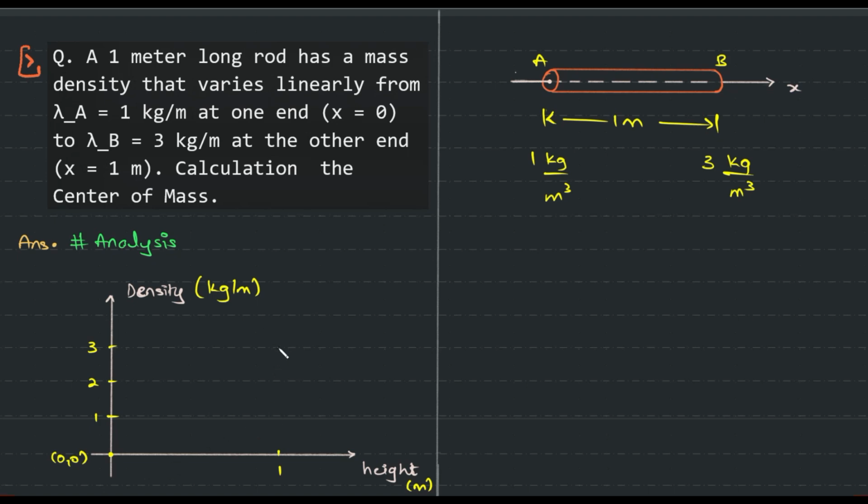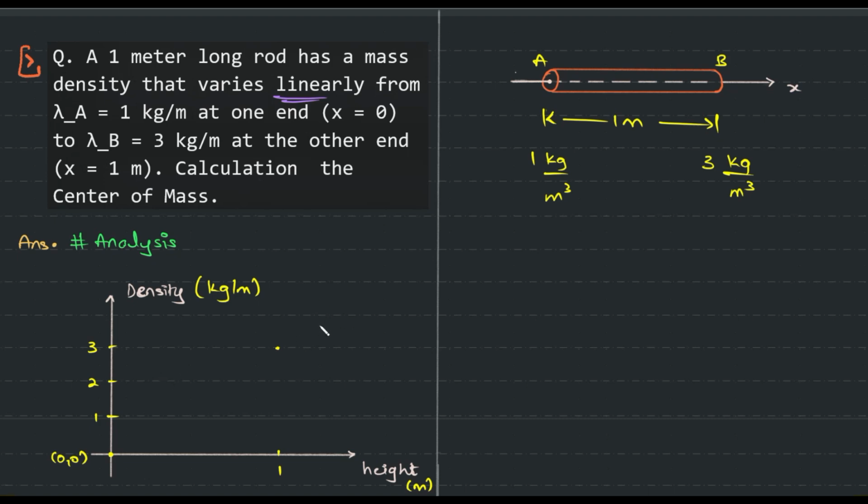So what this is telling is, actually you guys should be telling how the graph looks. If I have to plot a density versus height graph for this, how will it look? Your first clue is it being linear, so it is a straight line.